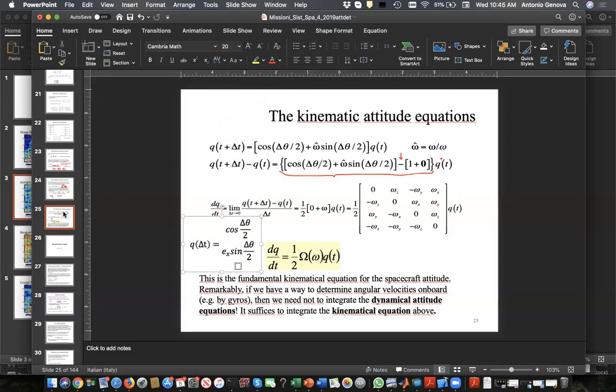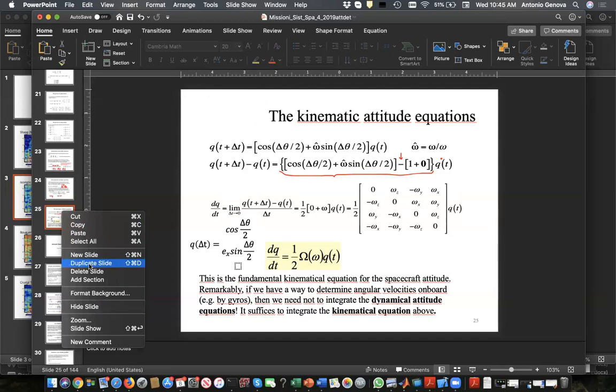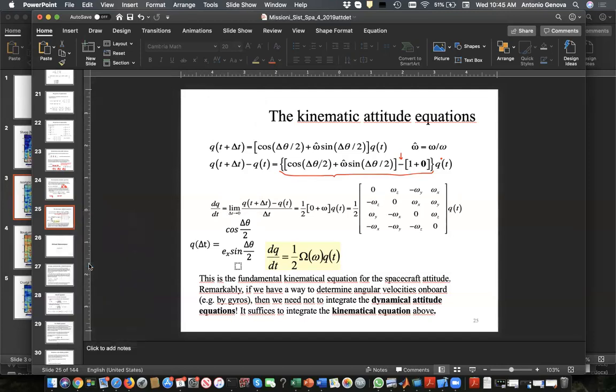Probably it's better if I had another slide, because otherwise it will be, so let's duplicate that.